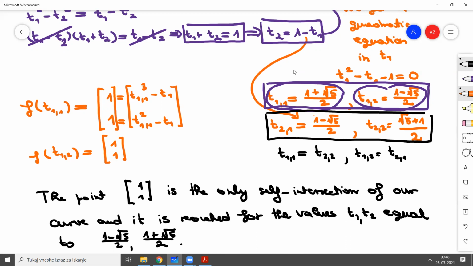So the question in chat is, why is the second parameter T1 and not 2 T1,1? What did you mean by this? Can you explain a little bit more, or just unmute yourself, please? With the function, like the vector (1, 1), so 1 equals T1,1 cubed minus T1.